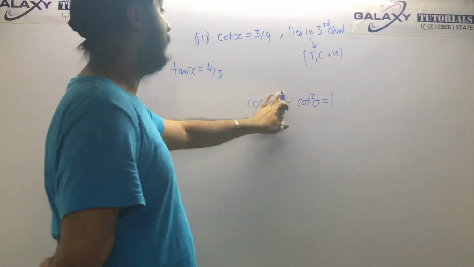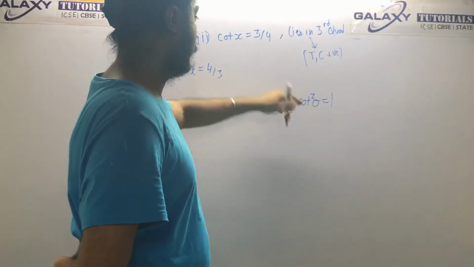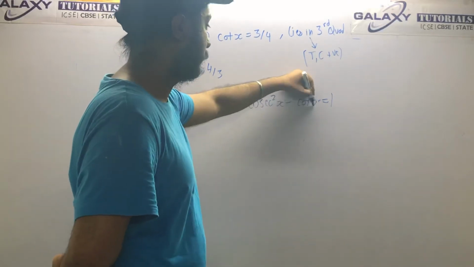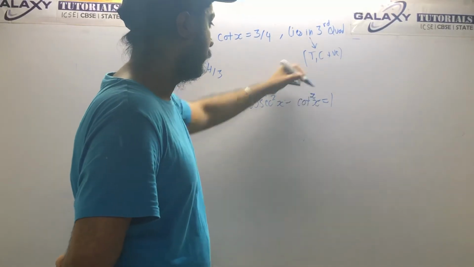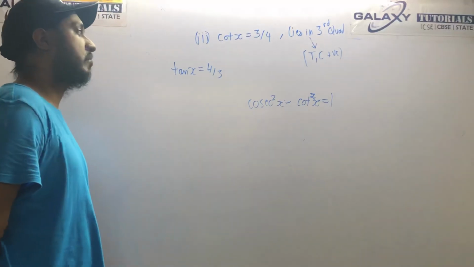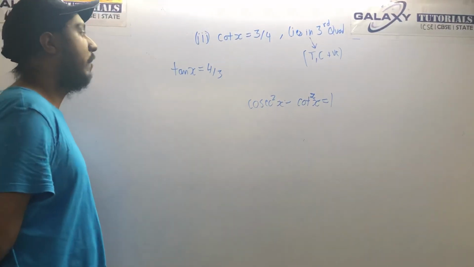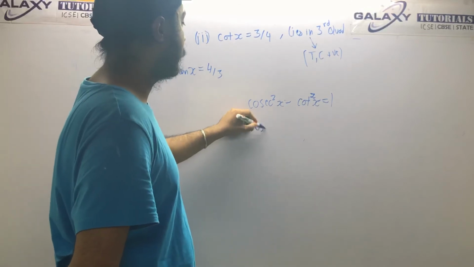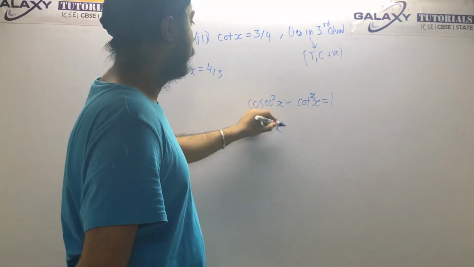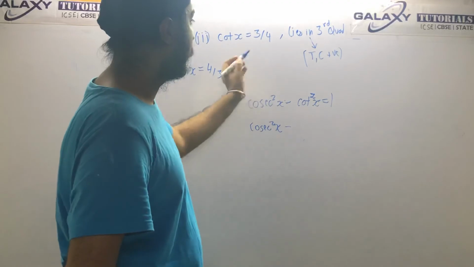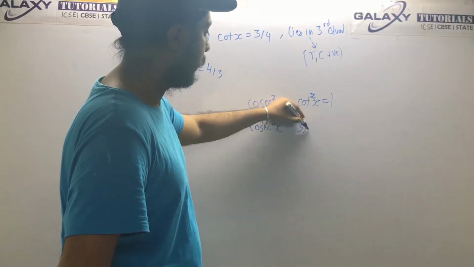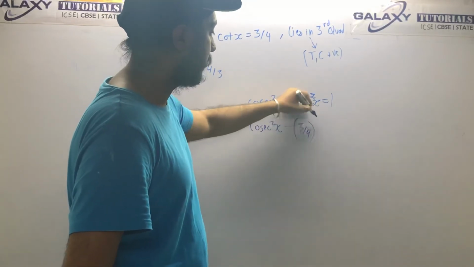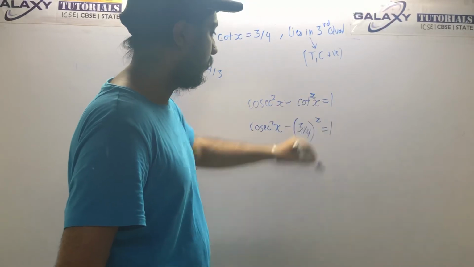In place of theta you can write x. So cosecant square x minus cot square x is equal to 1. How much is cosecant square x? You don't know, so you will write it as it is. Minus cot square, which will be 3 by 4 whole square, is equal to 1.